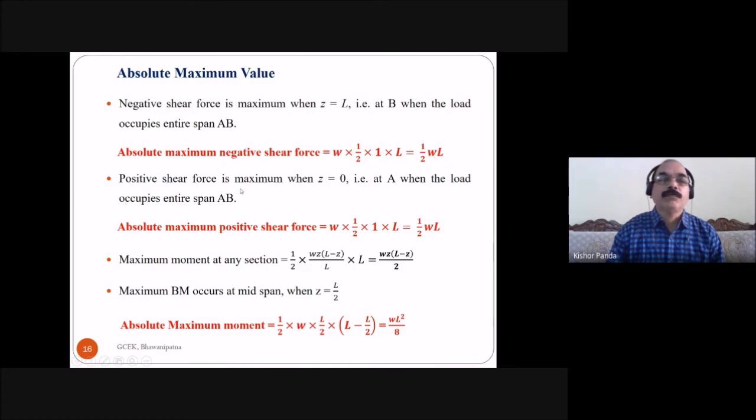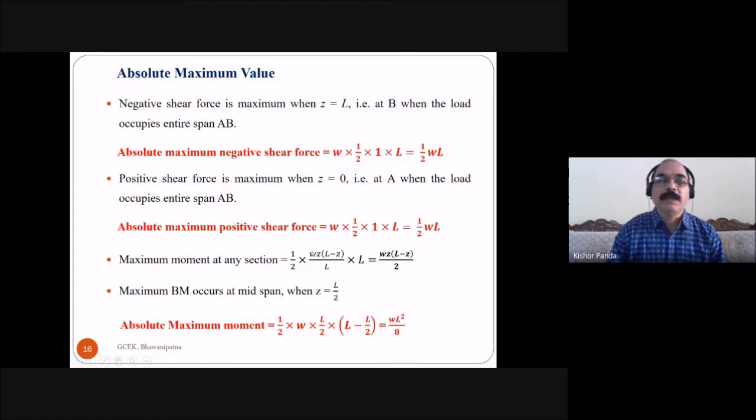Similarly, the positive shear force is maximum when Z is equal to 0, that is at A, when the load occupies the entire span AB. The absolute maximum positive shear force is equal to W into half into 1 into L. This is equal to half WL.